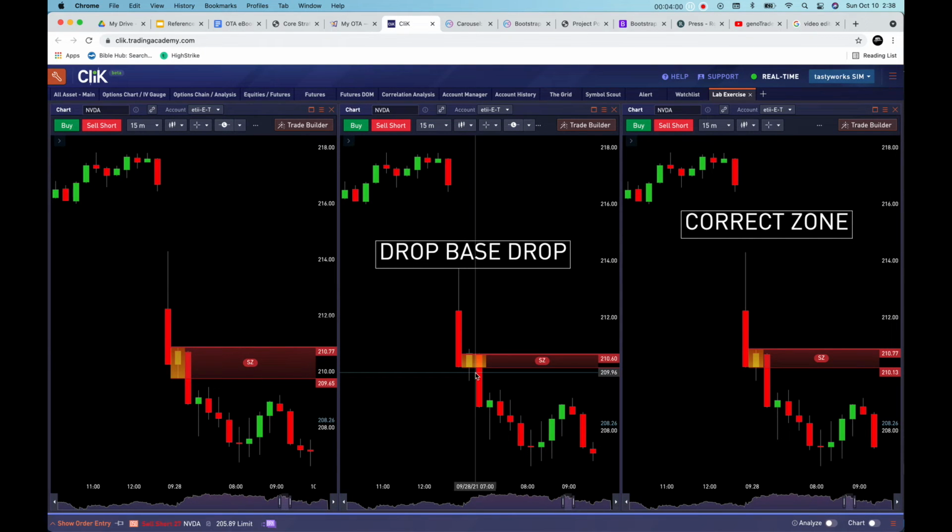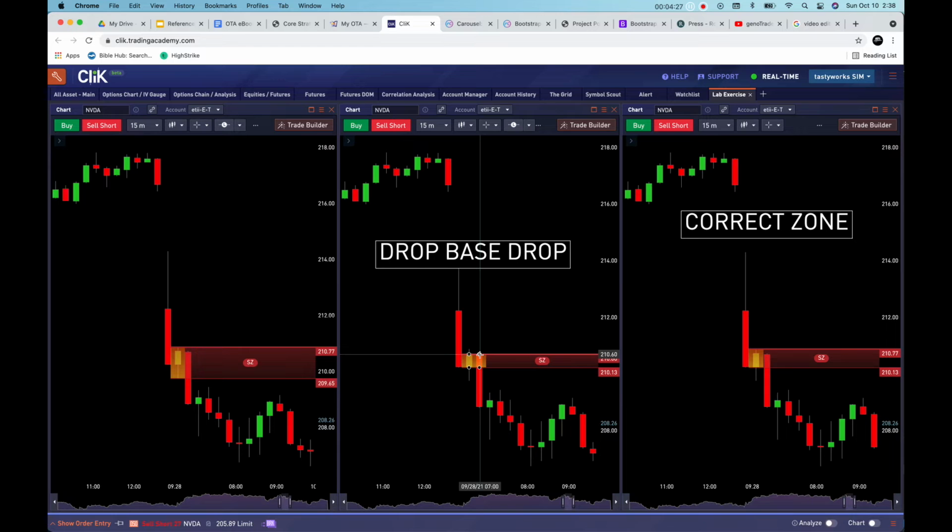Looking at chart number 2, for the proximal line, we do see the preferred method being used. However, for the distal line, it looks like the distal line was placed at the leg out candle, which is okay to do. However, the caveat to that is that the leg out candle would have to have the highest wick in the formation.